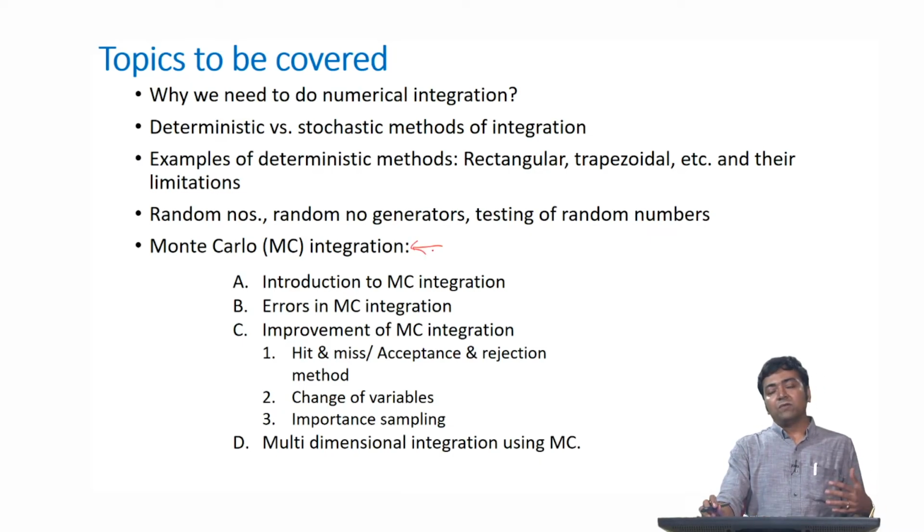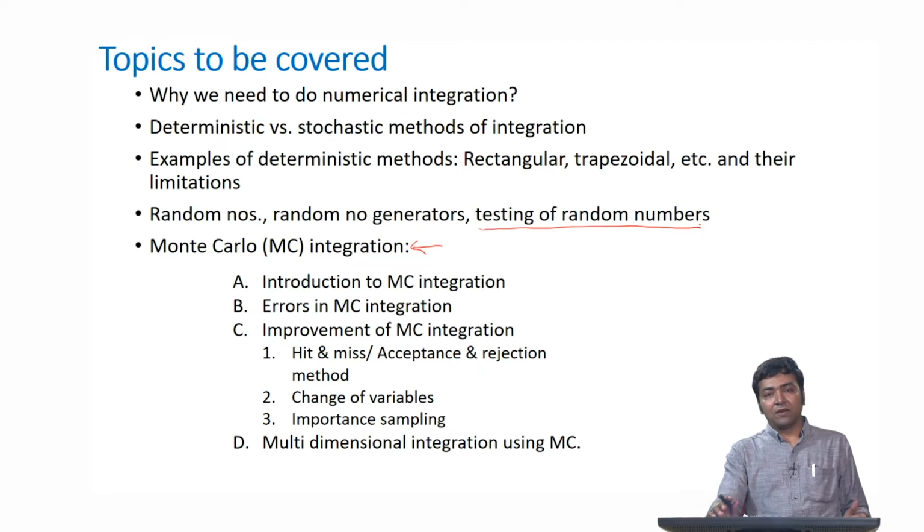But before we move into the Monte Carlo integration, what one needs to know is some basic idea of random numbers. So, I will very briefly introduce you to random numbers, and very shortly tell you in a precise way how random numbers are generated, and then the most important part, we will tell you how random numbers are tested. Here we are not interested in how random numbers are generated.